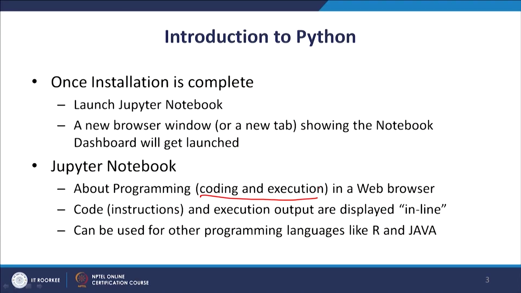So, typically we have been doing our programming for the last 2 decades or so in those kinds of interfaces, in those kinds of environments. However, Jupyter Notebook provides us the coding and execution facility in a web platform interface, where we have the web browser, and there we can code and execute our code.